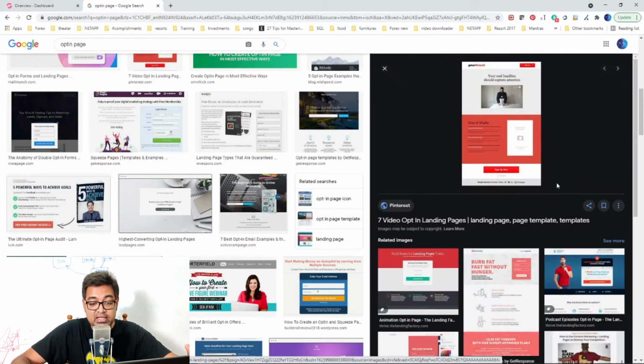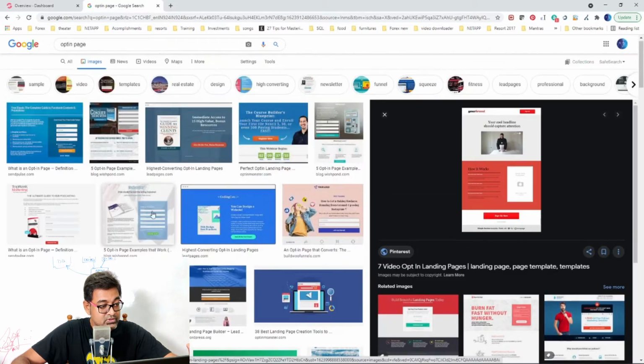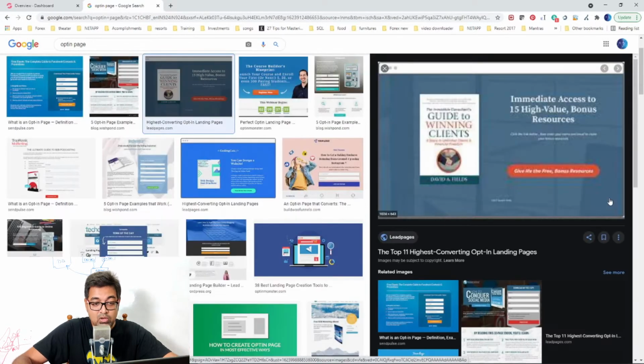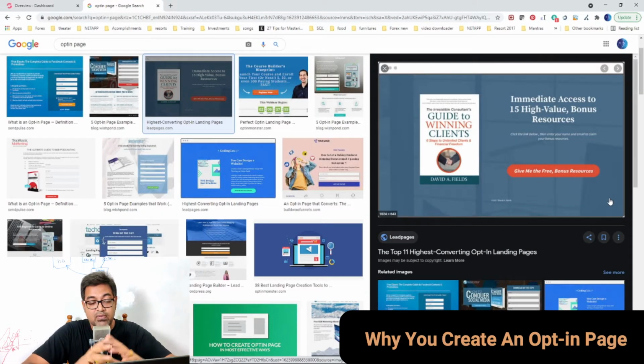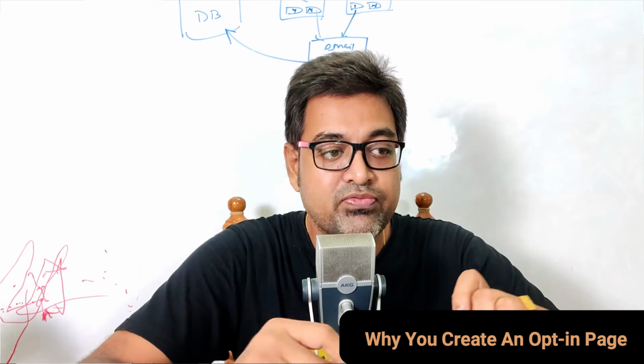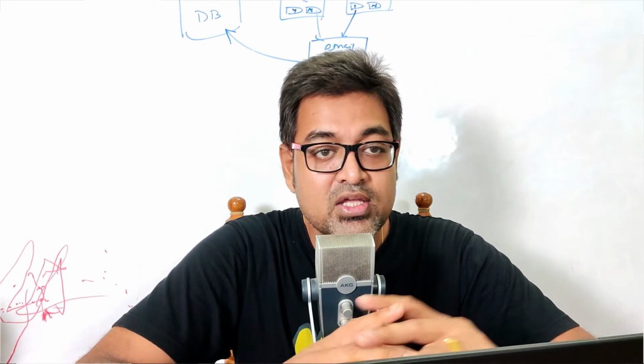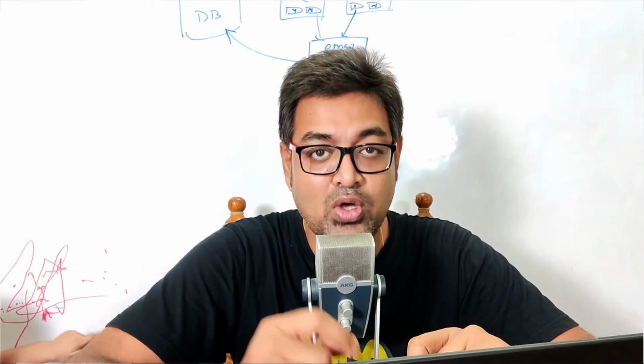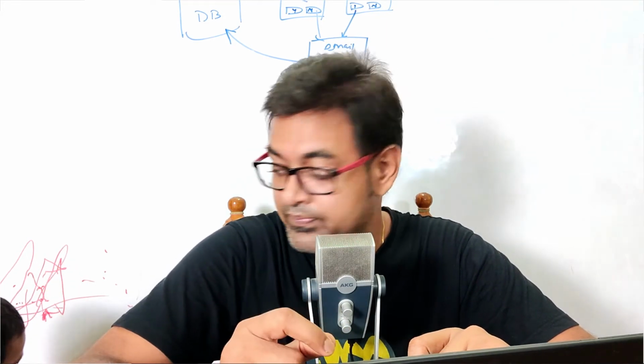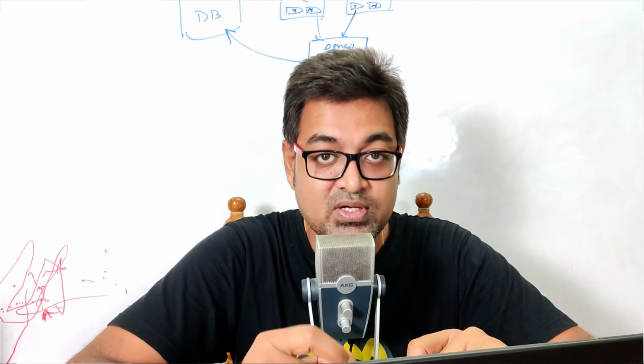Now, why do you need an opt-in page? Well, if you are running any kind of business, no matter what, whether it is online or offline, you have to collect details of your customers. Why?